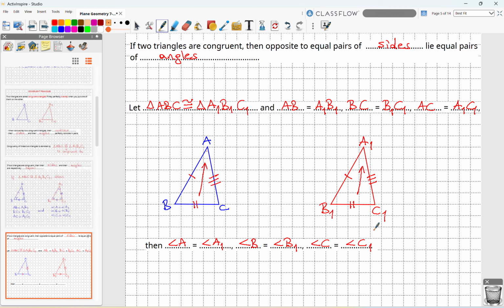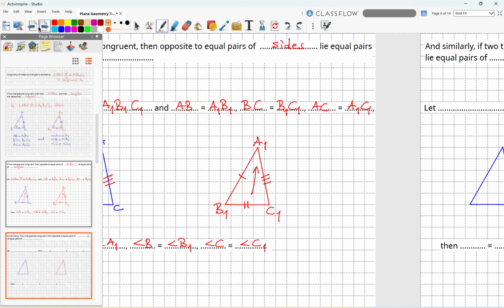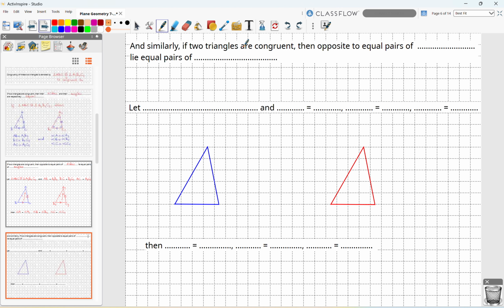We should have the same idea this time when I interchange angles and sides in this sentence. If two triangles are congruent, and we are given the angles this time, then opposite to equal pairs of angles of those triangles, we should see equal pairs of sides.